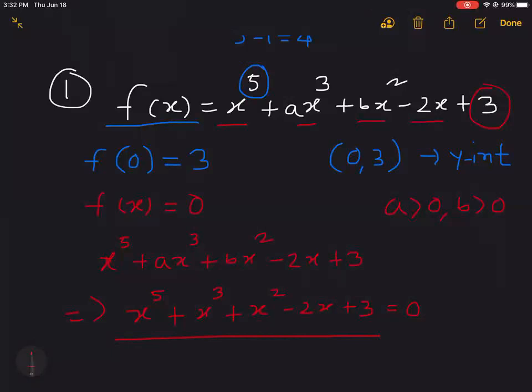If you have an equation like this and you solve it, how many values of x will there be? Okay, Ryan said 5. Why do you think it's 5?